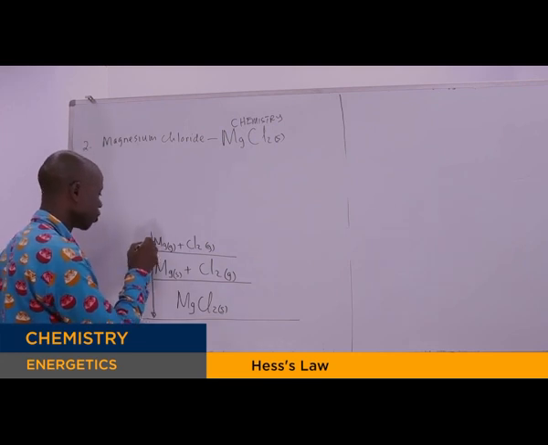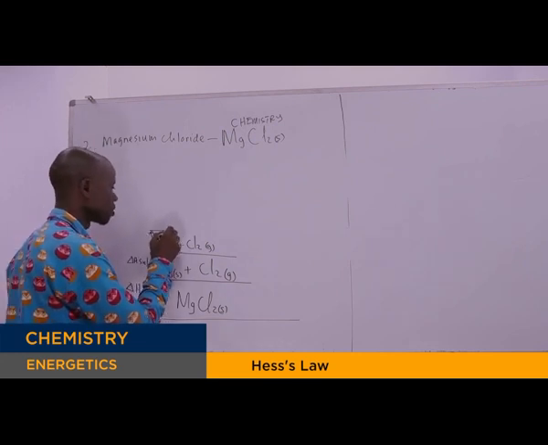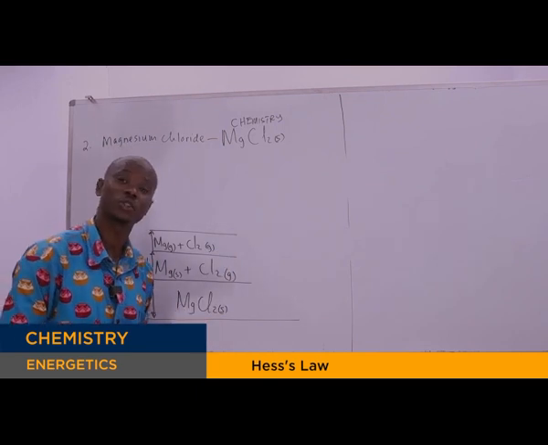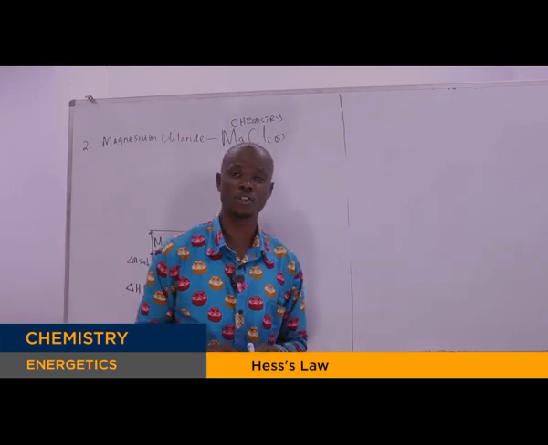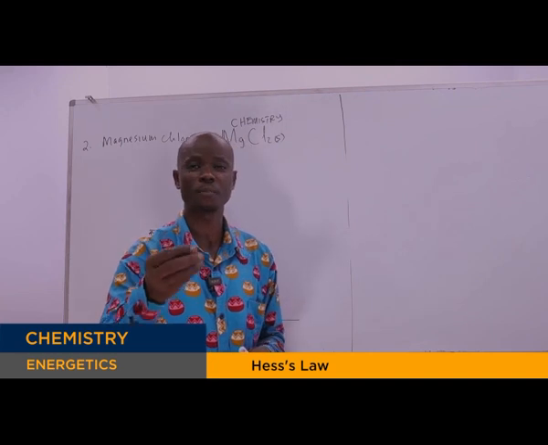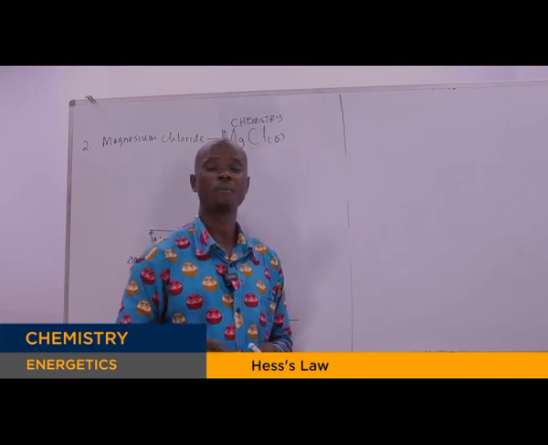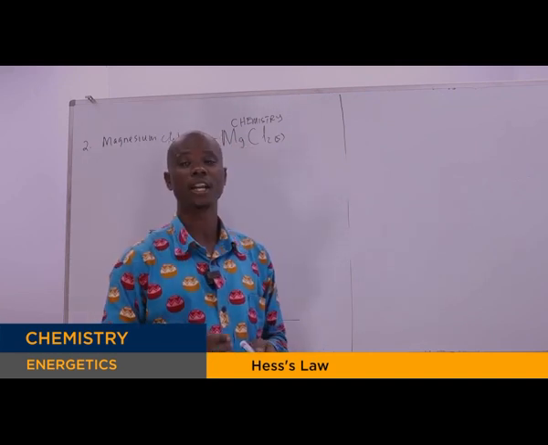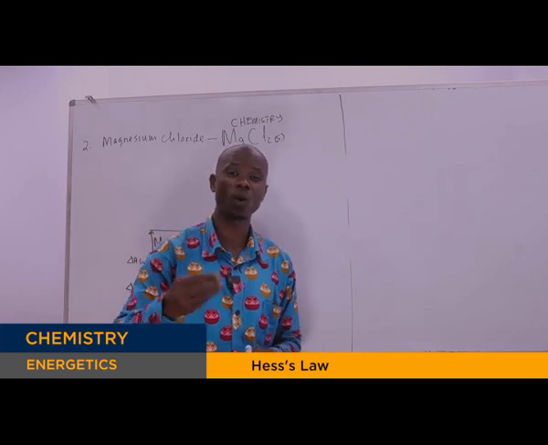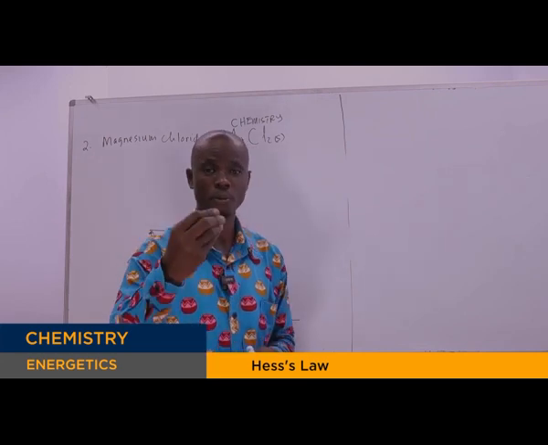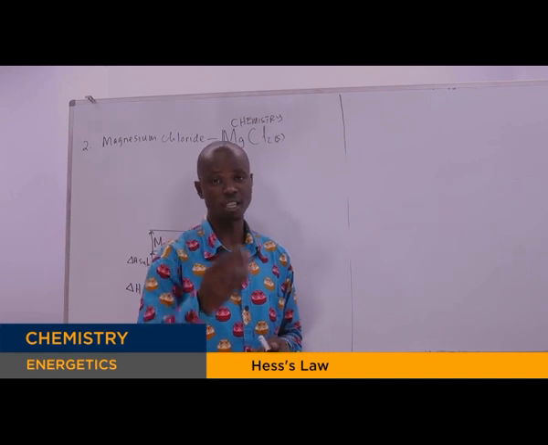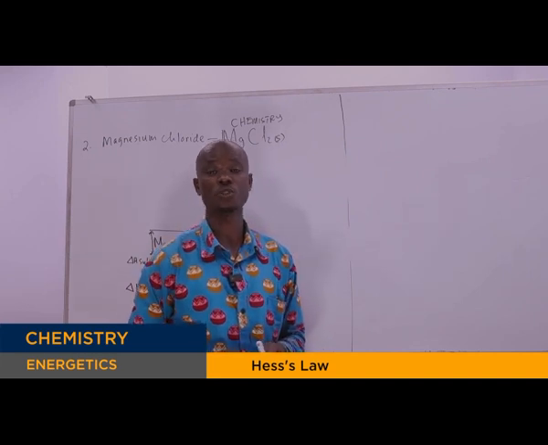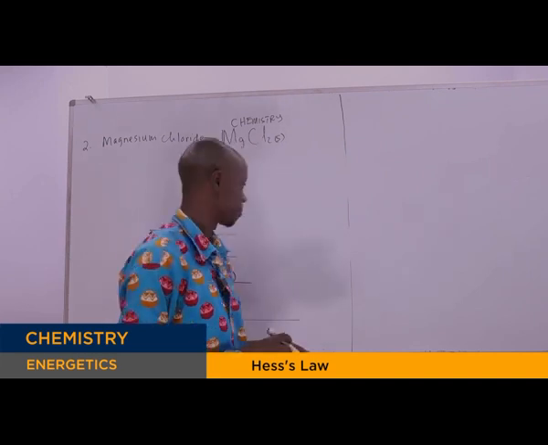So what follows is the ionization process. How many electrons are lost by magnesium? I'm sure that you can tell me the maximum number of electrons that a magnesium atom can lose in order to acquire the stable noble gas configuration. Two electrons maximally can be lost.